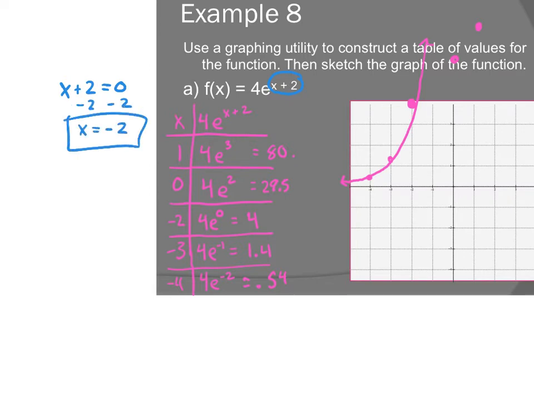This is the number that I'm going to plug in first. And then I want to plug in one above and one below just to see what my graph is going to do. This is just a little helpful hint to see what to plug in. We can plug in 1, 0, -2, -3, -4. We can plug in as many numbers as we want. But it always helps just to see what exactly is happening to the x, set that equal to 0, and then this is the first number that you plug in.